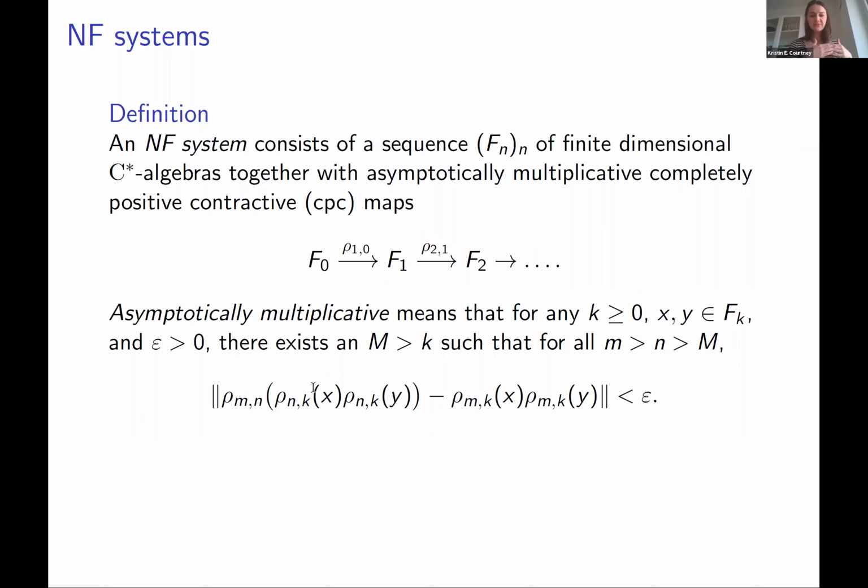So I take x far enough down in its sequence of images, and the same thing for y, and then when I multiply them, the images are pretty close to being multiplicative.